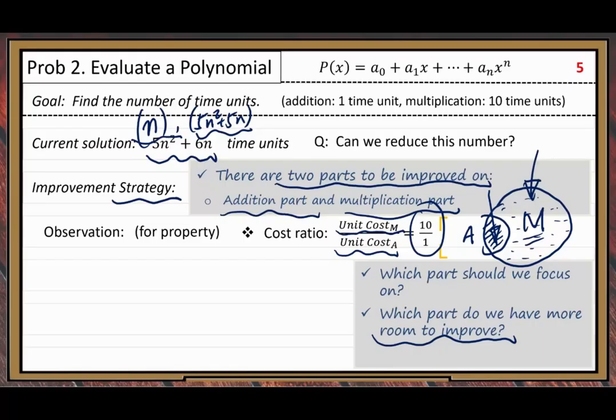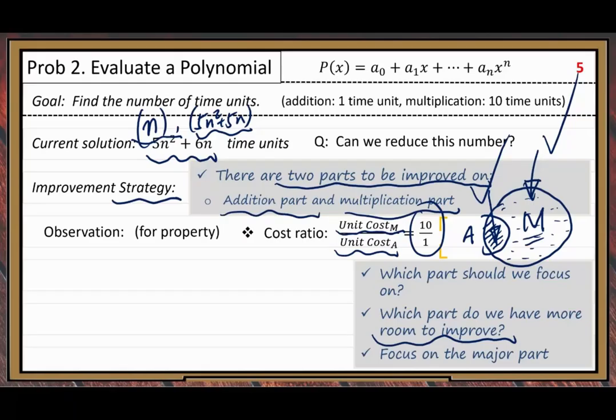When you have limited resources, let's assume our computing resource is quite limited, when we invest our precious computing resource, which part should we invest in, the addition part or the multiplication part?